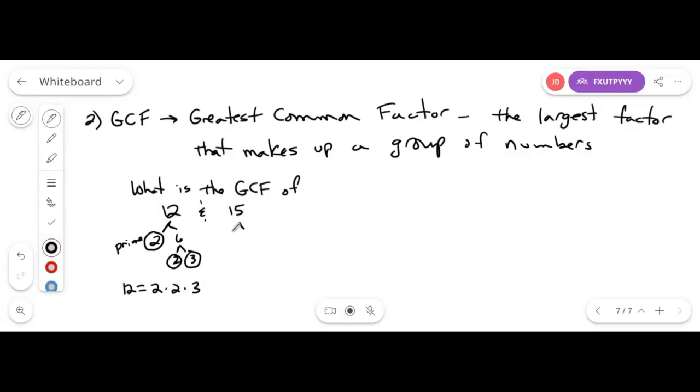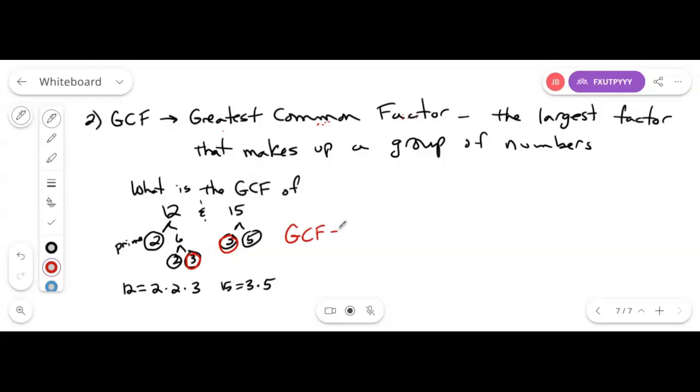15. 15 is 3 times 5. 3 does not factor down any further. 5 does not factor down any further. So 15 is only 3 times 5. Well, the greatest common factor, greatest meaning the largest, and factor in common, the factor that's in 12 that is also in 15 is 3.